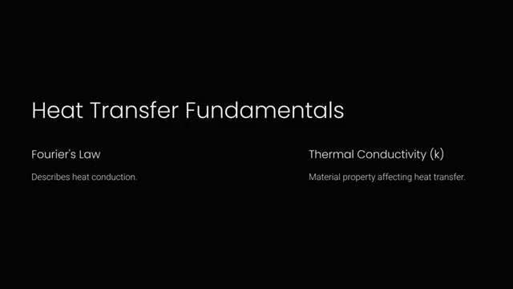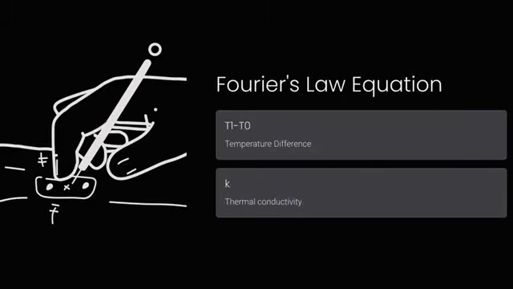We represent this rate of heat flow per unit area using the equation Q by A directly proportional to (T1 minus T0) upon Y. Q is the rate of heat transfer in watts. A is the cross-sectional area through which heat is conducted.